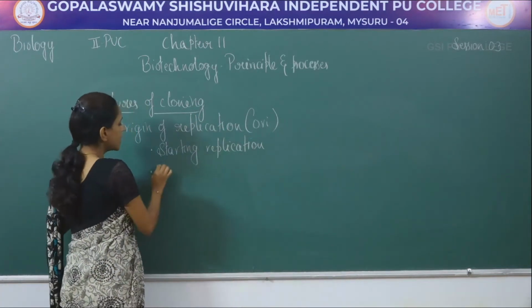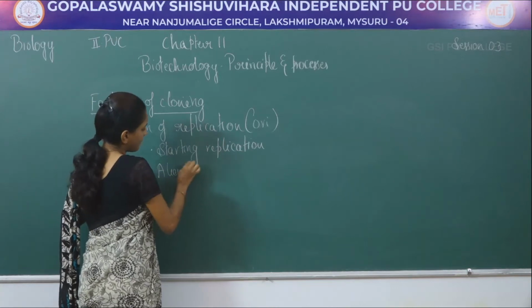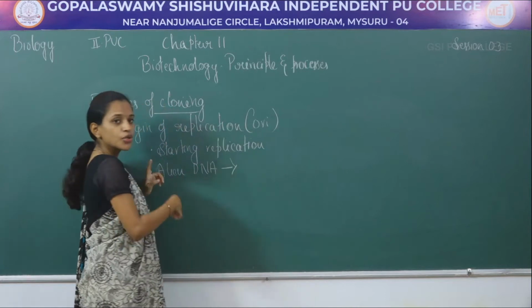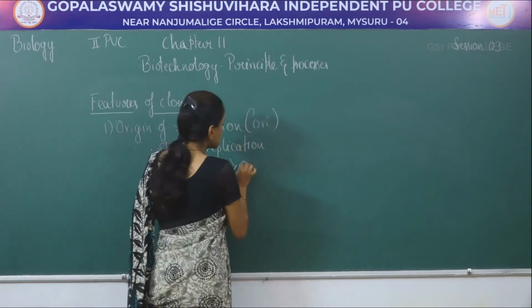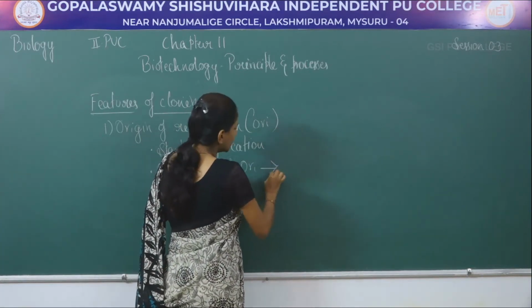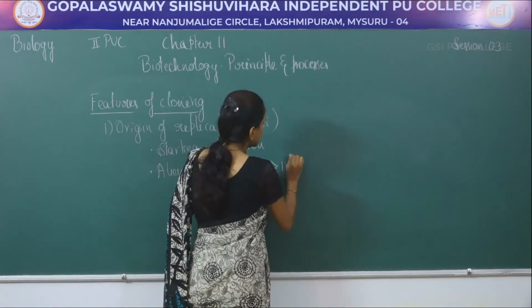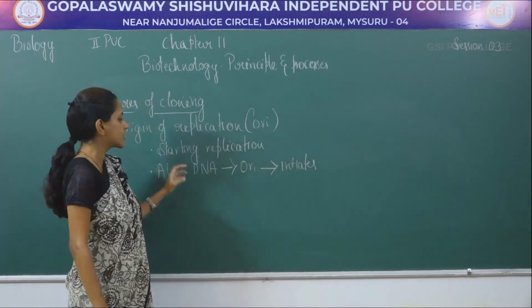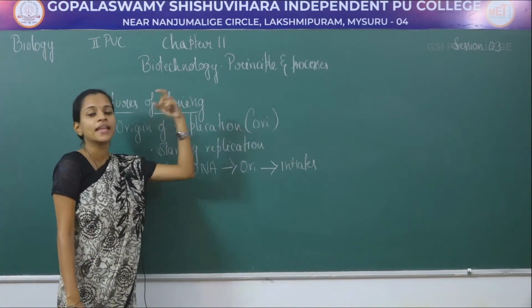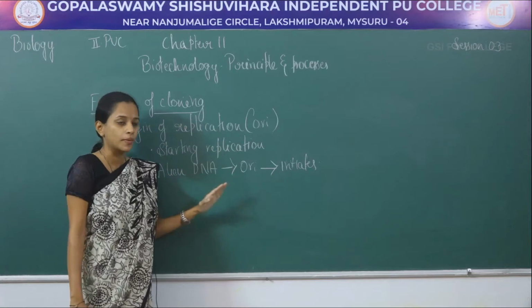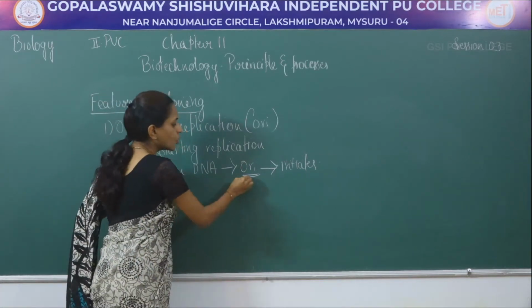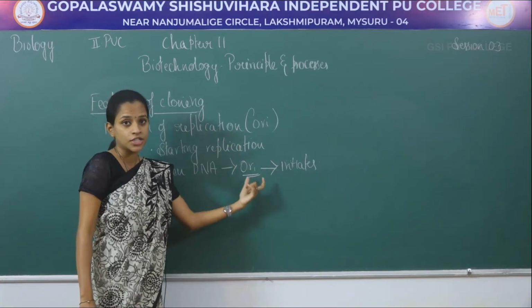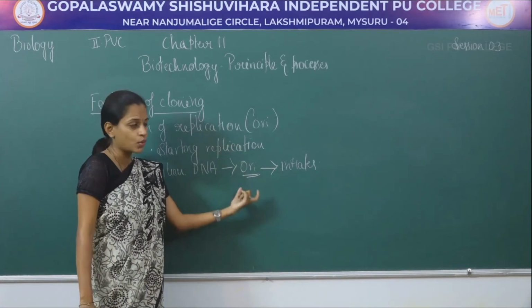The second thing is, when an alien DNA is introduced into the ORI region, only then does it initiate replication. If the alien DNA is put in some other place in the host, there will be no replication, but it should be inserted only into the ORI region, which has a specific recognition region or specific sequence.